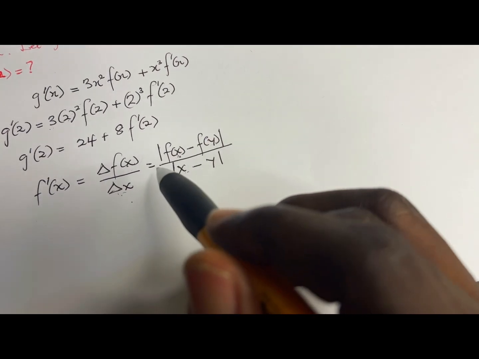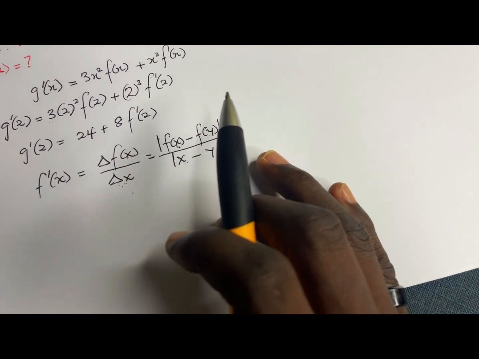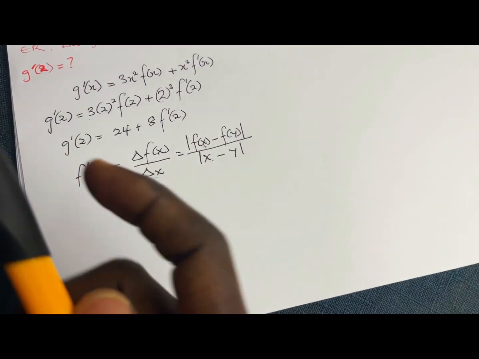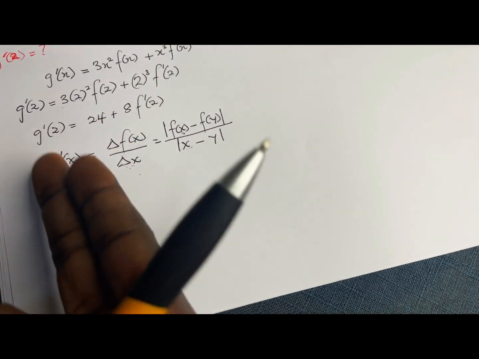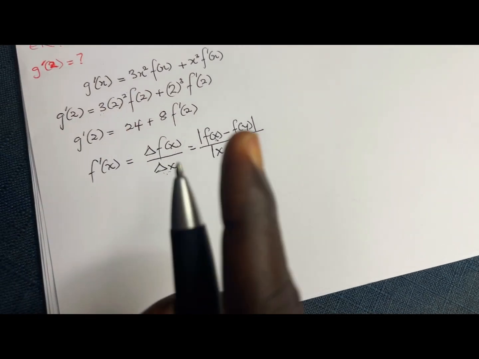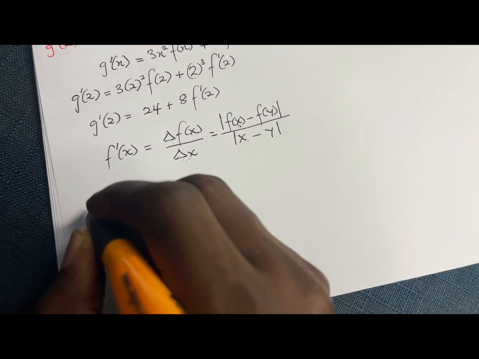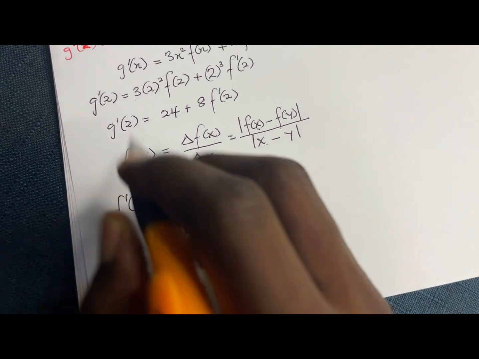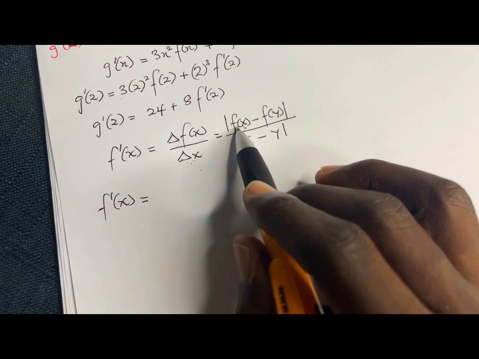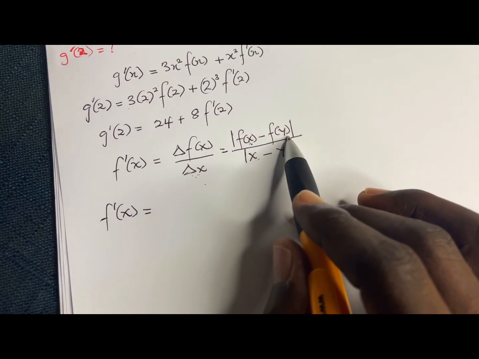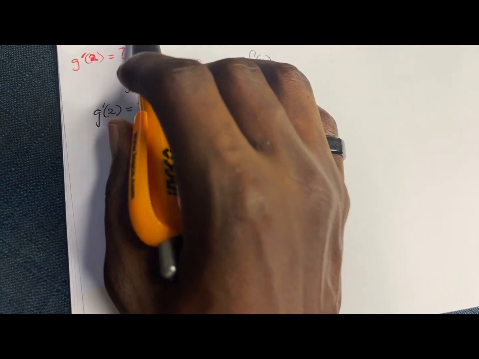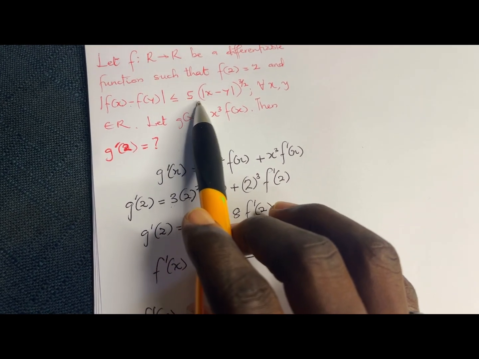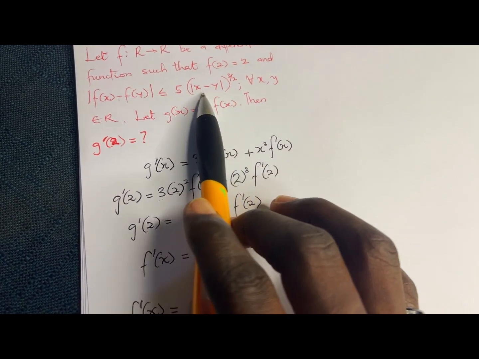So for f prime of x, the absolute value will be, as the condition is already known, less than or equal to this. Since it's an inequality, it should be less than or equal to this.